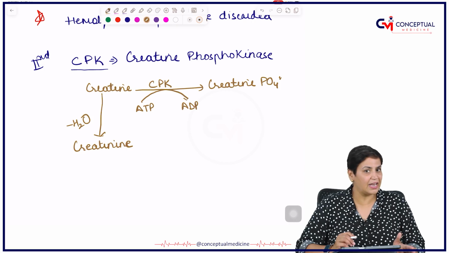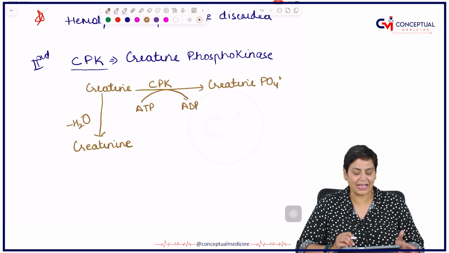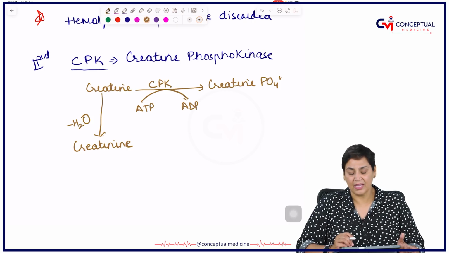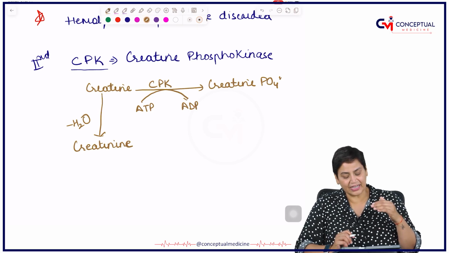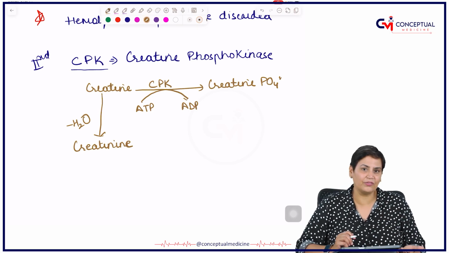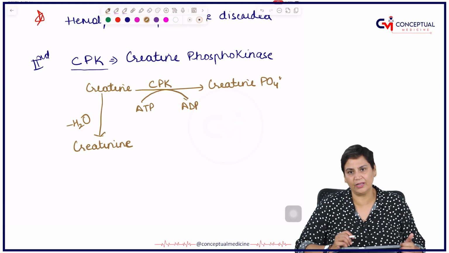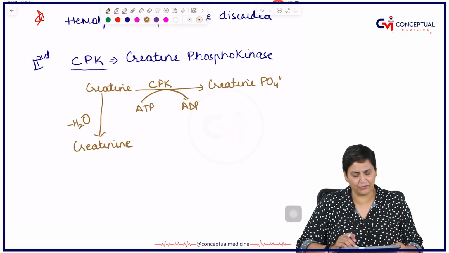It is an anhydride of creatine which is produced as a result of muscle atrophy. And the creatinine clearance test is considered the most diagnostically important test for renal function. It's a component of RFTs basically. So creatinine is an anhydride of creatine which is produced in the body, and it is different for males and females.